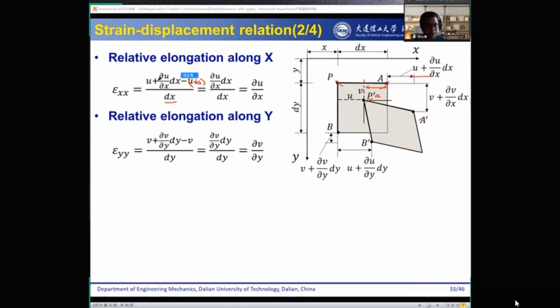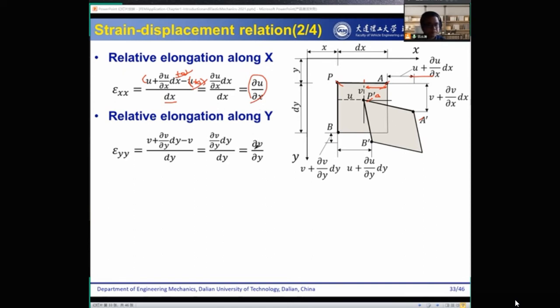The deformed length of PA is this one plus delta. And then we subtract, and we eliminate those, and then we get this, and then we do the mathematics further, then we get those. So the relative elongation along the x direction, epsilon xx, equals partial u partial x.